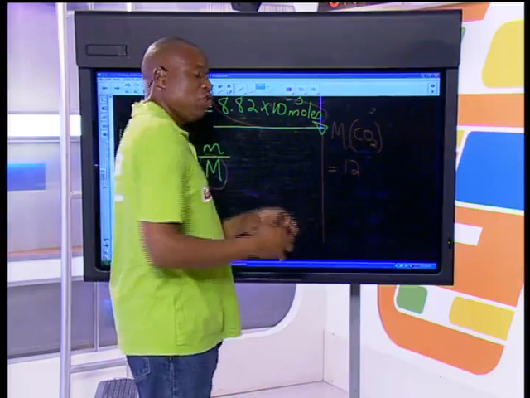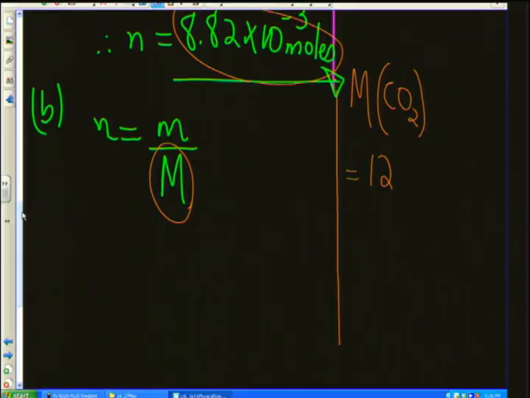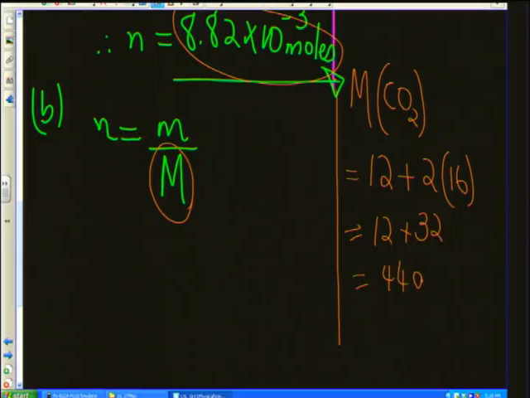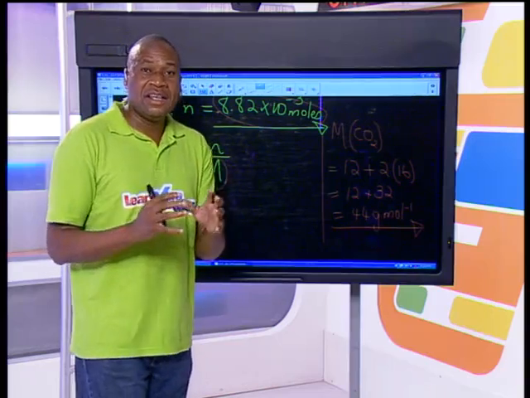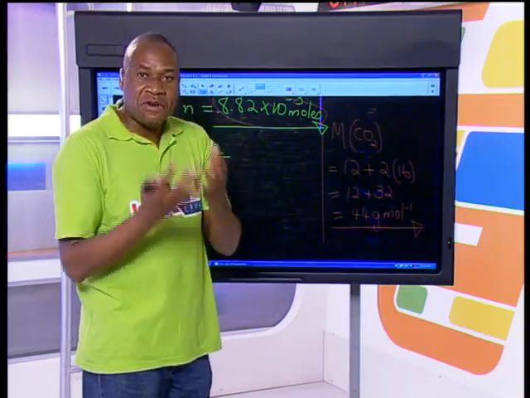For carbon, it is 12. For oxygen, it is 16. So 12 plus 2 times 16 is 32. This gives you 44. So it's 44 grams per mole. For every mole, we will have a mass of 44 grams.